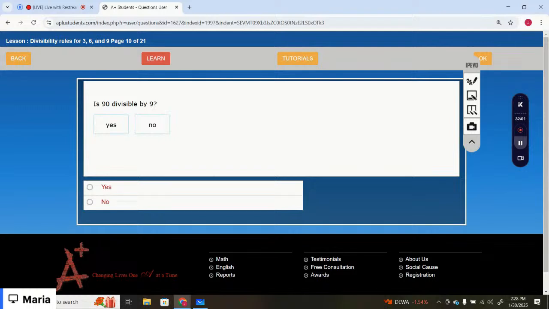Is 90 divisible by 9? Yes, it is. 90 is divisible by 9. Okay, you can complete the lesson by yourself later today. Let me move on to the next lesson.